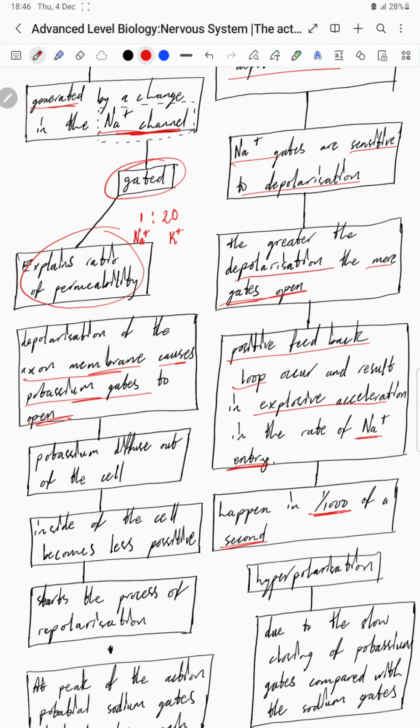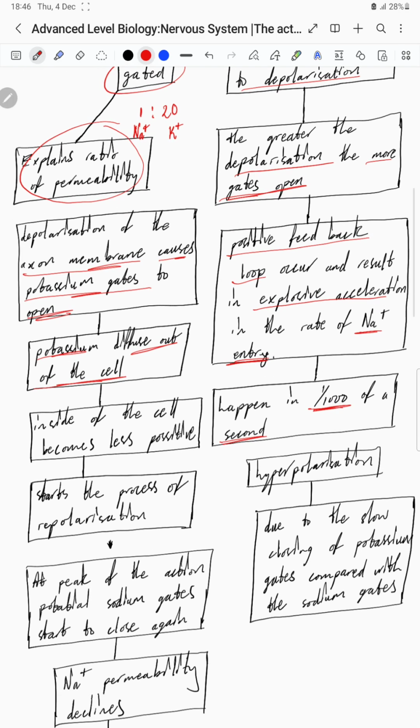Since the sodium ions are moving in, the potassium needs to move out so that it goes back to the resting potential. So potassium ions diffuse out of the cell, making the inside of the cell less positive, the process of repolarization, as we have said.